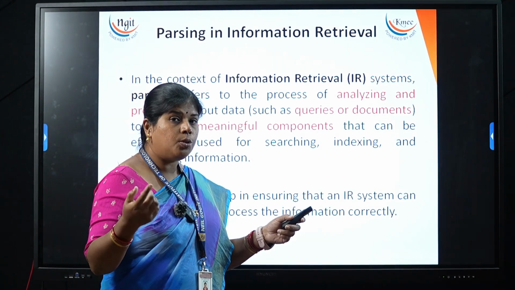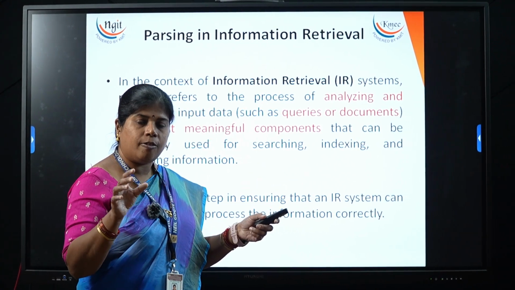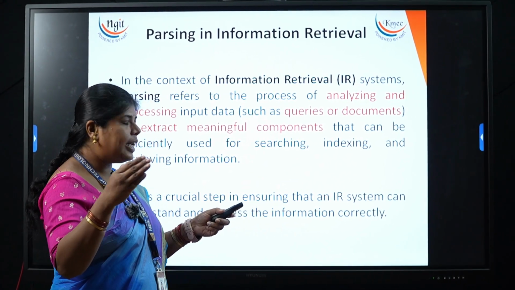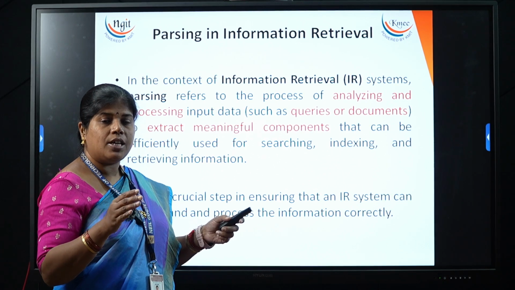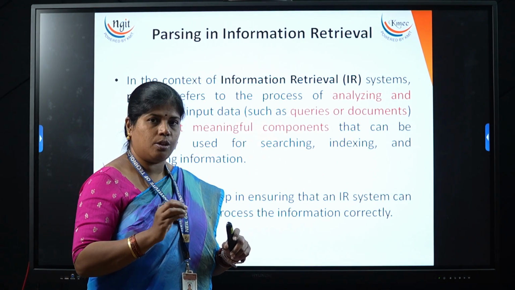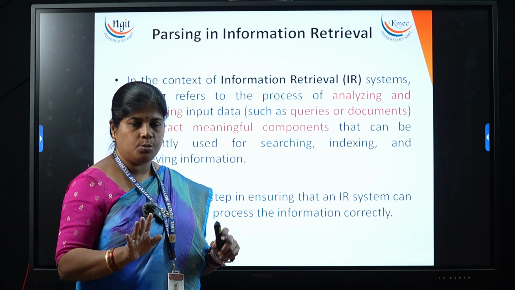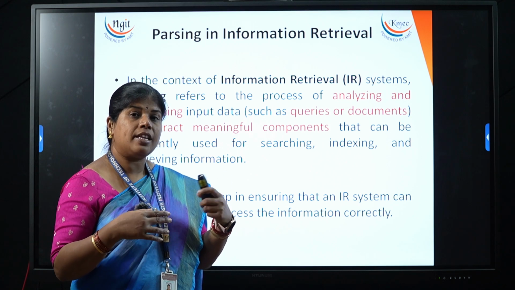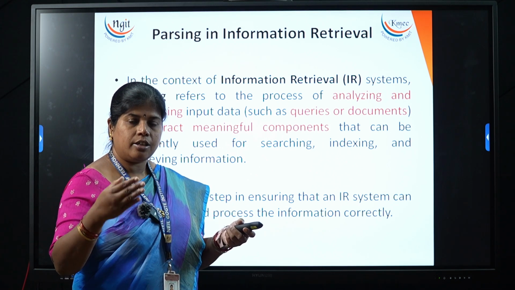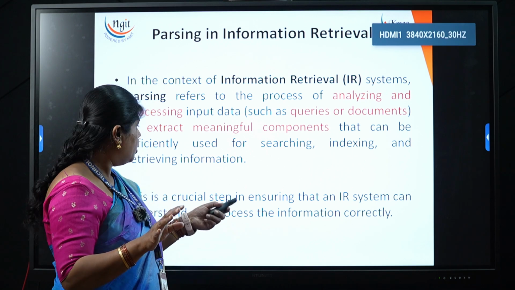Now, why should I keep in mind the meaning of a particular component of the query or a particular line in a document? Because unless and until I understand what exactly the user wants to search, I can't retrieve the correct results to the user. I want to improve the relevance of the result with the user requirement. Okay, so the relevance feedback will be good. Okay.